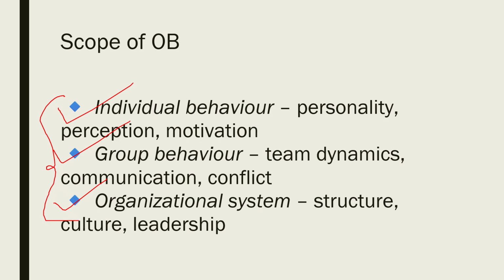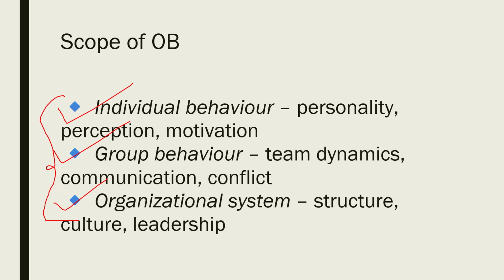In the coming units, we will be talking about the individual behavior as one unit, the other unit would talk about the group behavior, and another unit would talk about the organization as a whole. When we talk about individual behavior, topics like personality, perception, motivation, all the behaviors that are associated with an individual come under the scope of individual behavior.